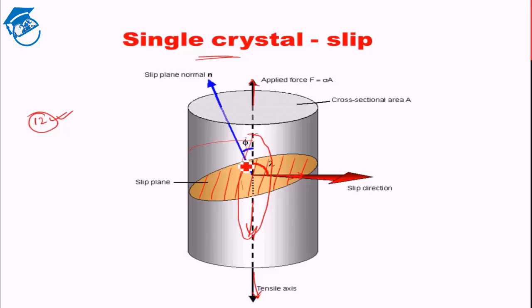Therefore in a single crystal, once we provide a sufficient amount of force for the initiation of dislocation motion, the dislocation will keep on moving and the deformation will take place. Therefore single crystals are easily deformable if there are dislocations present in them.